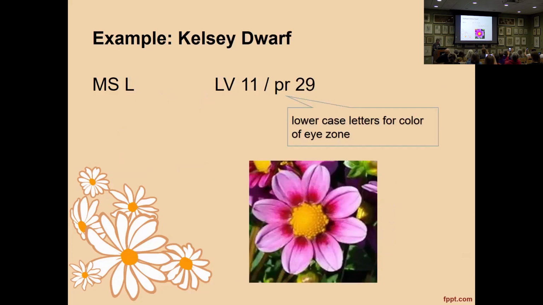Kelsey dwarf, mignon single lavender. Yes, did you have a question? Define the full area of the eye zone. Yes, I'll get to that a little bit, just down the road a bit. Good question. Lavender 11, and then the eye zone is purple 29.